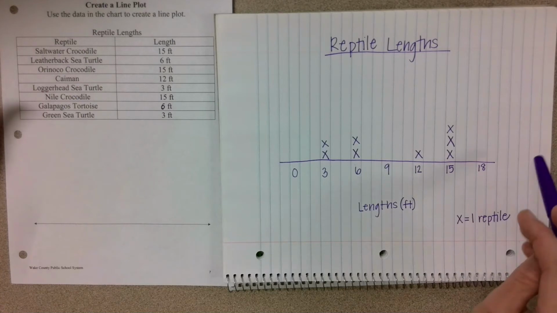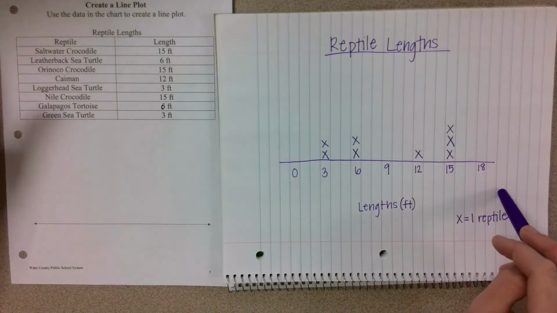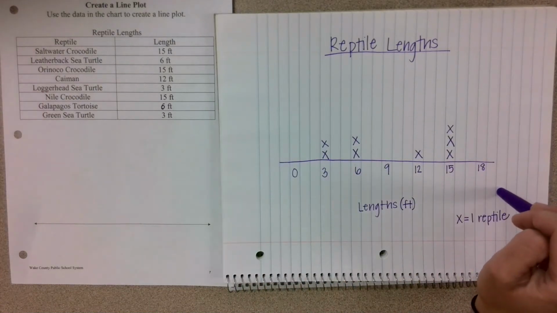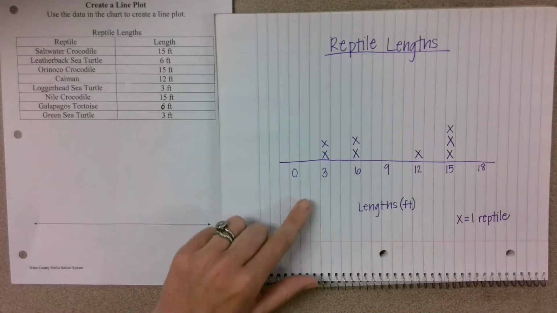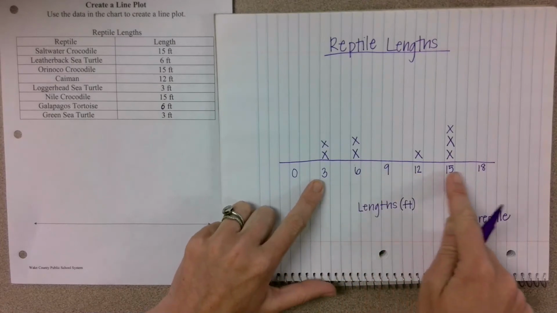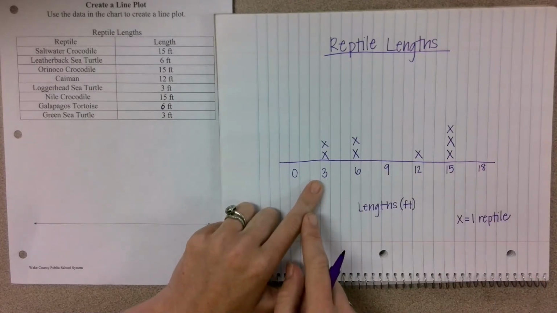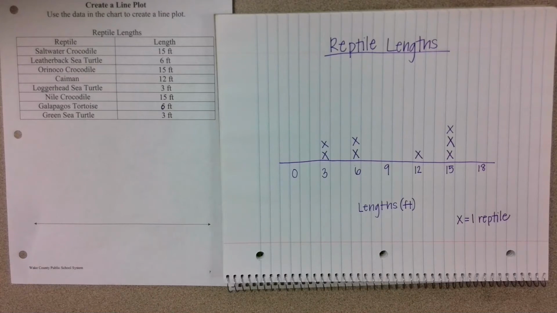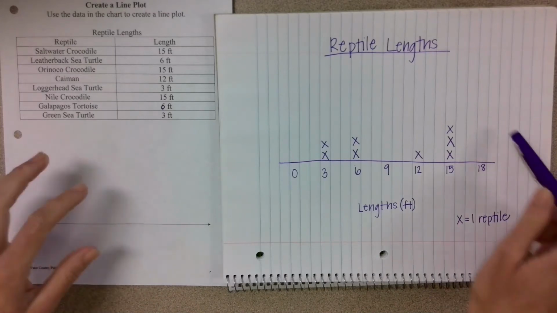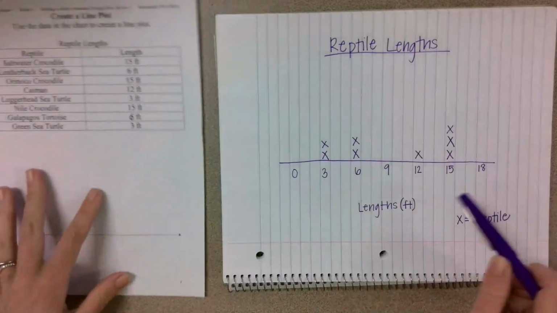So this right here would be giving us numerical data versus categorical data. The reason why is because our answers would be numbers. I'm not going to say what kind of animal this is. Like that's a reptile.